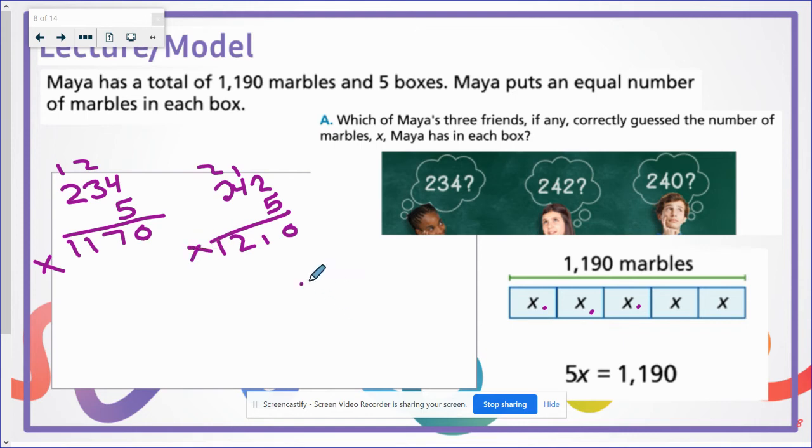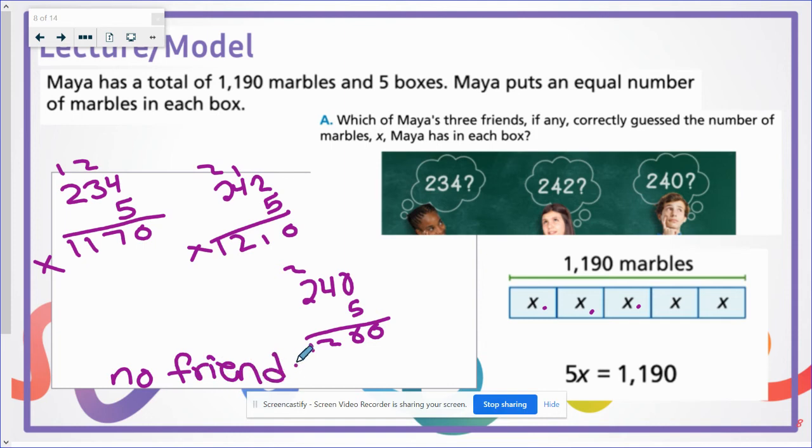And now let's try 240 times 5. All right, so actually it looks like in here, no friends were correct. They all guessed incorrectly, because none of those numbers times 5 equals 1,190.